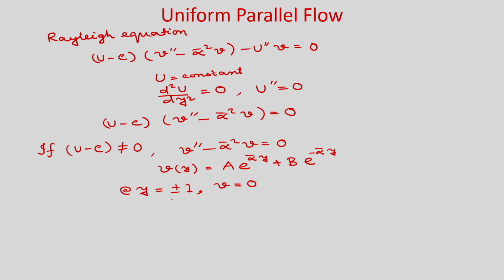So, this has only the trivial solution. So, obviously u minus c is not equal to 0 cannot hold. For a non trivial solution, we need u minus c to be 0.